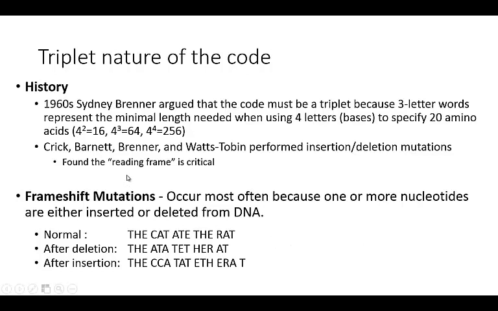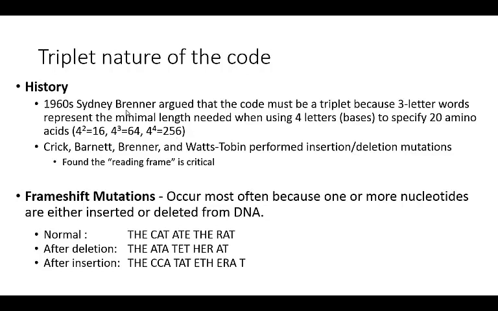If you only had 2 letters, that would give you 16 possible combinations, and that's not enough to cover the 20 essential amino acids that we need for our proteins. If you have a triplet, a length of 3, that would give you 64 possible combinations, and that's indeed what we see. That is more than enough to specify our 20 amino acids.